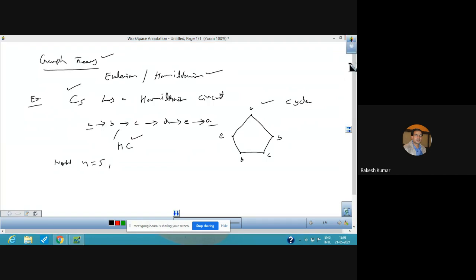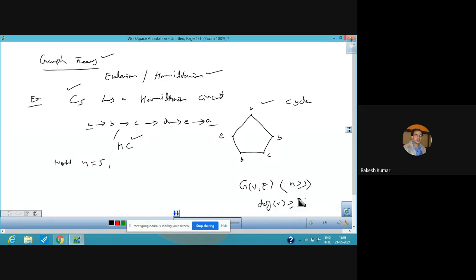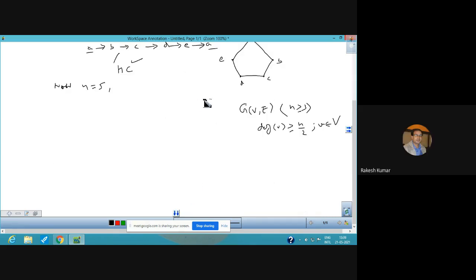Move back to the definition of Dirac's and Ore's theorem. Dirac's theorem says that let G be a simple graph with n vertices, where n is greater than or equal to 3, such that the degree of a vertex is greater than or equal to n/2 for each v belonging to the vertex set. This is the statement of Dirac's theorem.